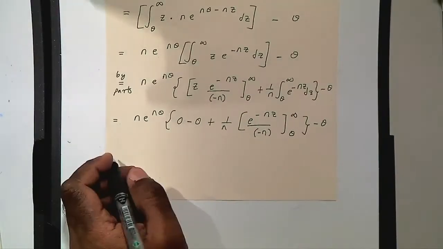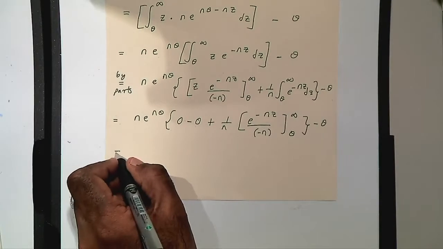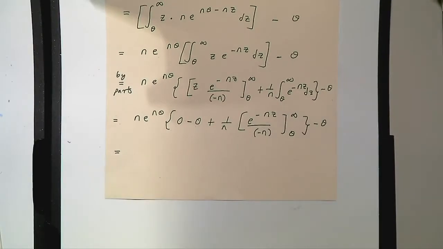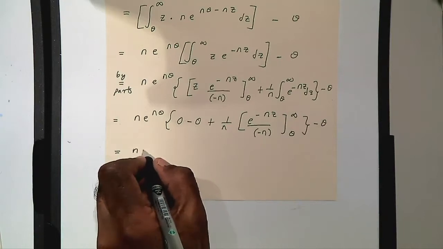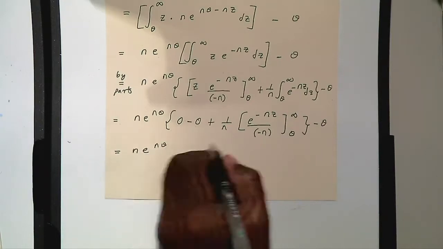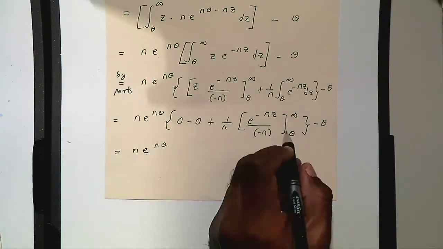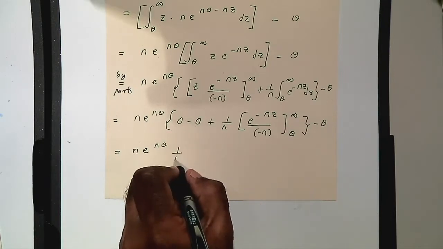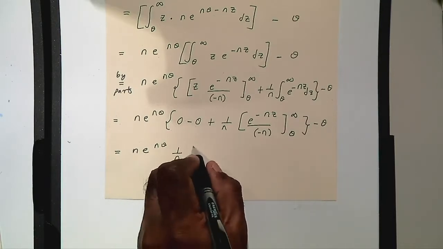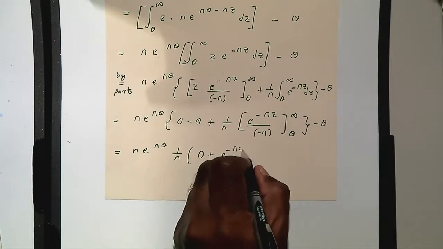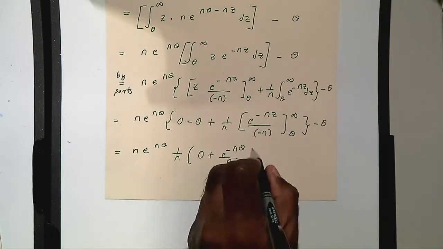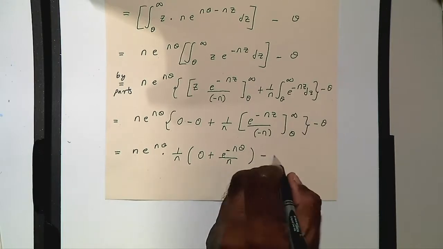So, correct me if I made any mistakes. Let me know, please. So this would be n at infinity is 0, so it's going to be 1 over n times 0 plus, right, minus theta.